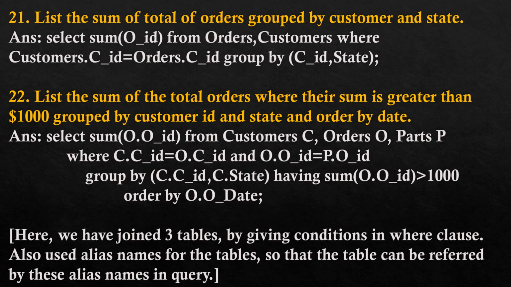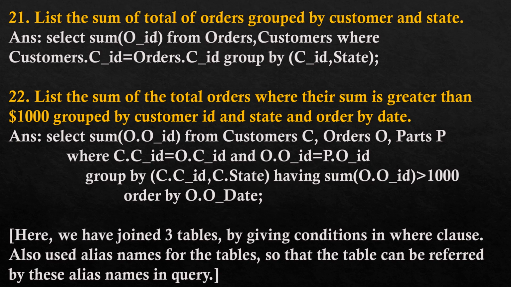Now here the common column between customers and orders is customer ID, and between orders and parts, it is order ID. So those are related by foreign key. So select sum of o.order_ID. Here we have given alias names for the tables, which you can do while joining multiple tables.